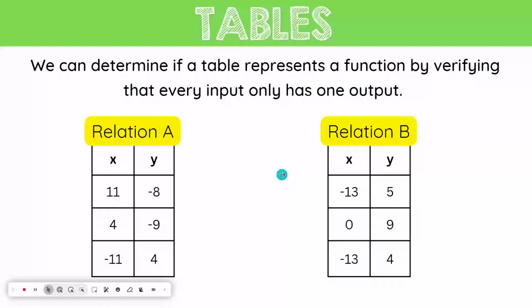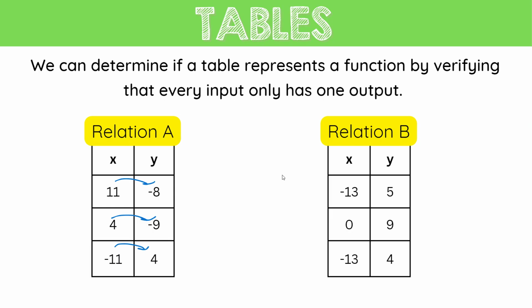Okay, we will also see functions in tables and we'll decide if it's a function or just a relation. And we can determine if it's a function by, again, verifying that every input only has one output. This is pretty similar to the ordered pairs. We're just going to make sure that every input goes to only one output. So 11 goes to negative 8, 4 goes to negative 9, and then negative 11 goes to 4.